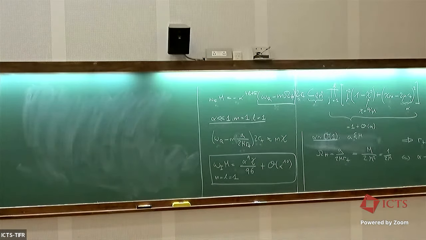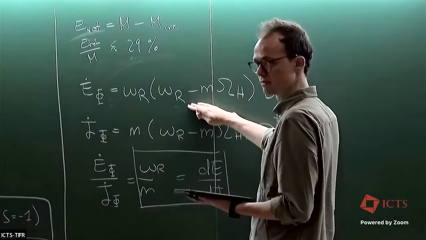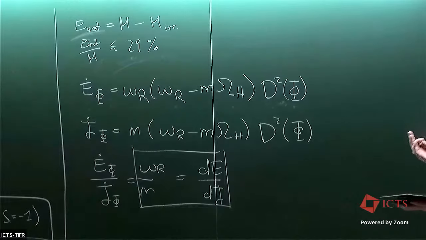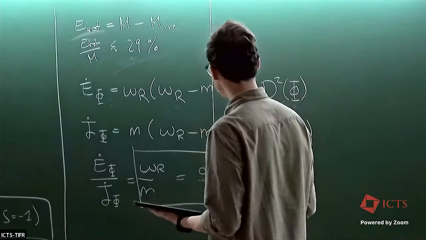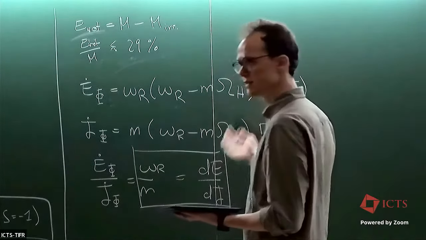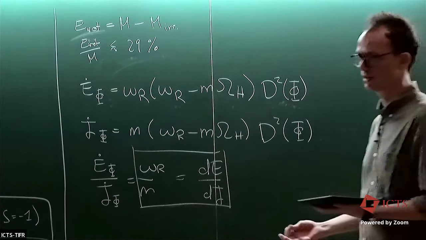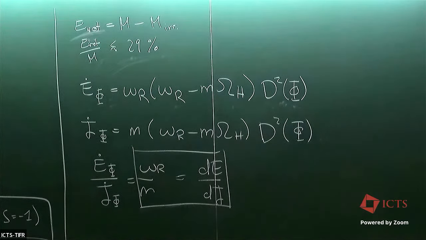So what happens intuitively here? While the superradiance cloud grows, this is negative, and therefore there's a negative flux of energy across the horizon. So the scalar field configuration extracts energy from the black hole. At the same time, it extracts angular momentum as well. So while it's happily growing, it reduces the spin of the black hole at the same time. And what happens when the spin is reduced?